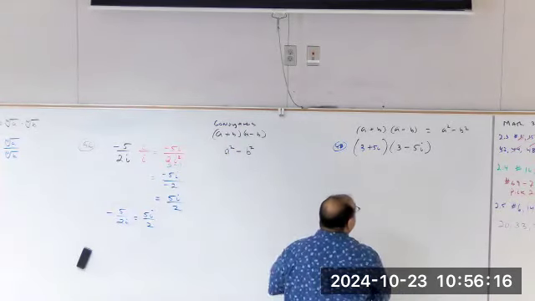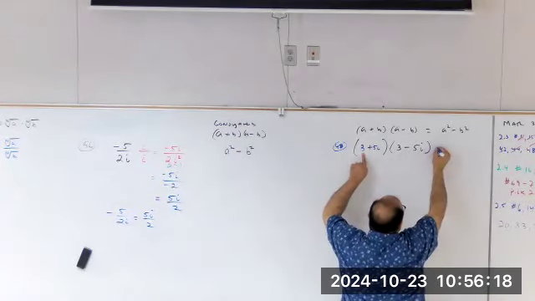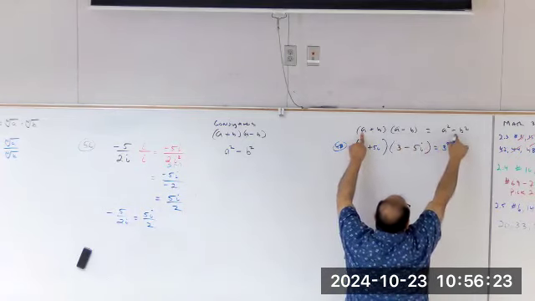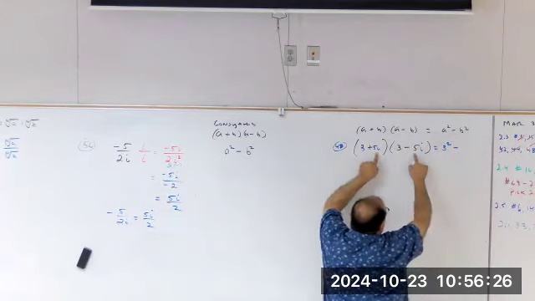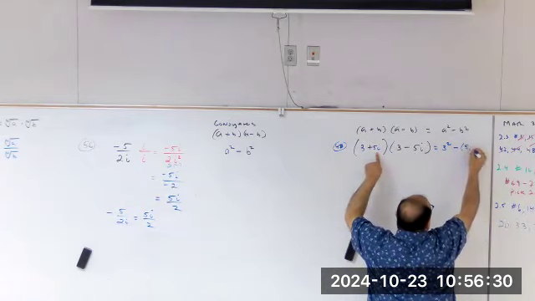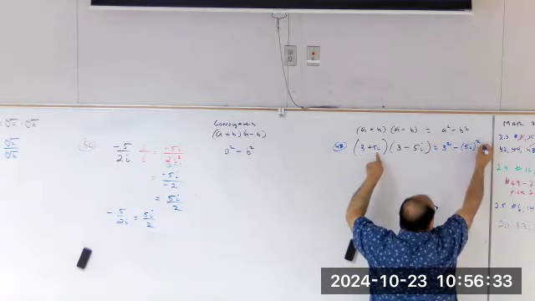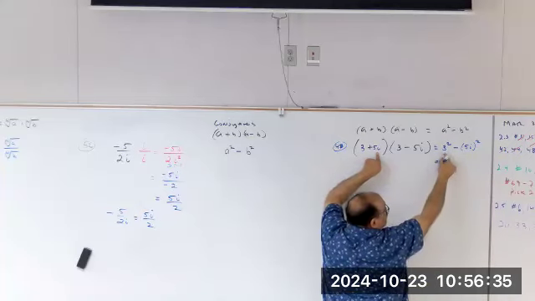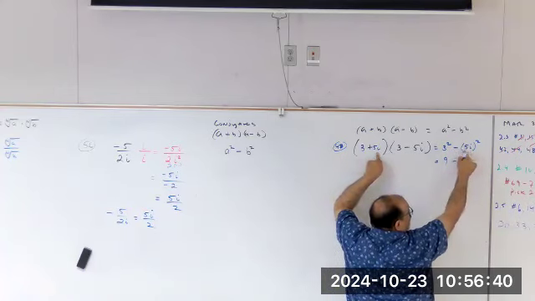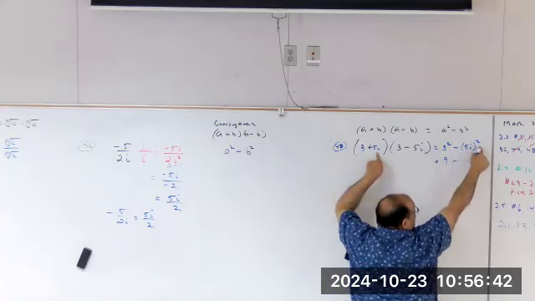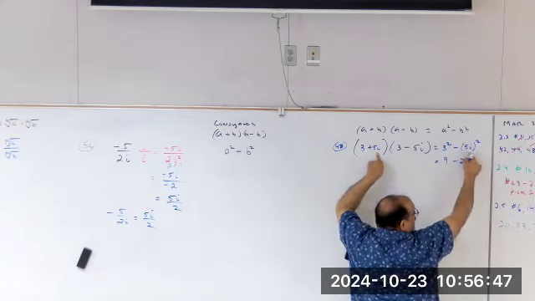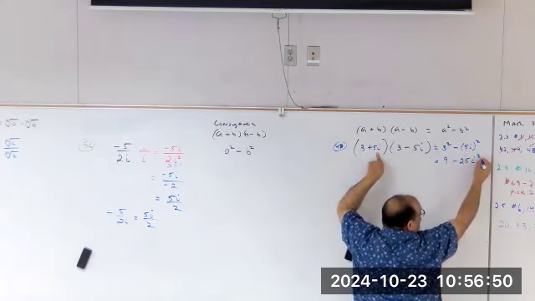If I use the special product, I'm going to get 3 squared. The first term is going to get squared, and then it's going to be minus the last one, the b squared. So it's going to be parentheses 5i squared. So I'm going to get 3 squared is 9 minus, when I square the 5i, I'm going to square the 5, which is 25, and I've got to square the i, I get i squared.